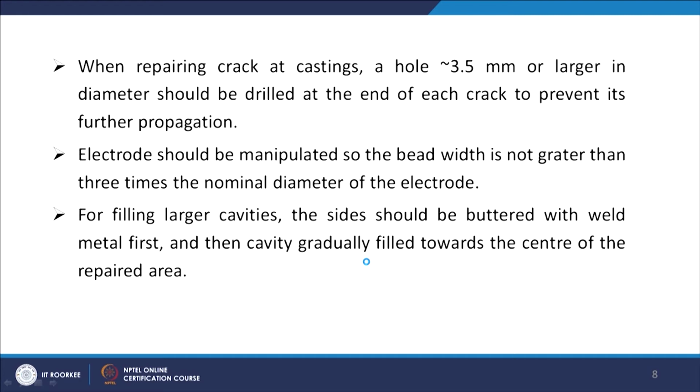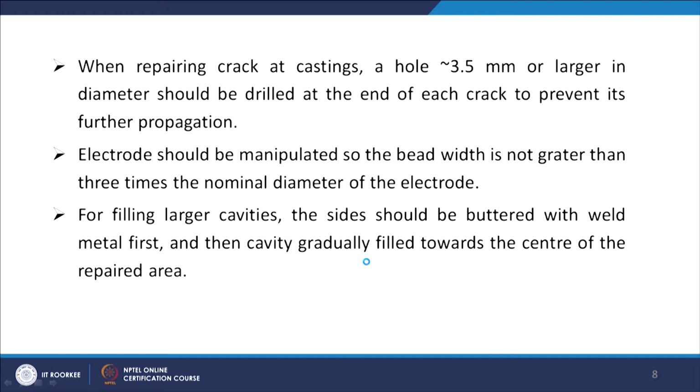So, that way it becomes even more severe. So, in those cases the practice is to drill a hole of about 3.5 mm or larger at the end of the crack, and then you can prevent its further propagation.